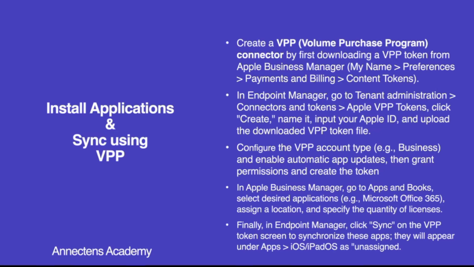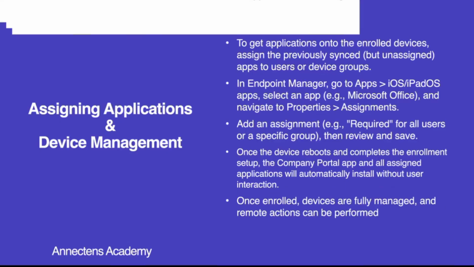Having done the synchronization, all the applications which are there will start appearing in the application blade in Intune. Whatever we are synchronizing from the Apple Business Manager in the application books section, those applications with license, quantity and location will come here in MDM. So that is one thing.